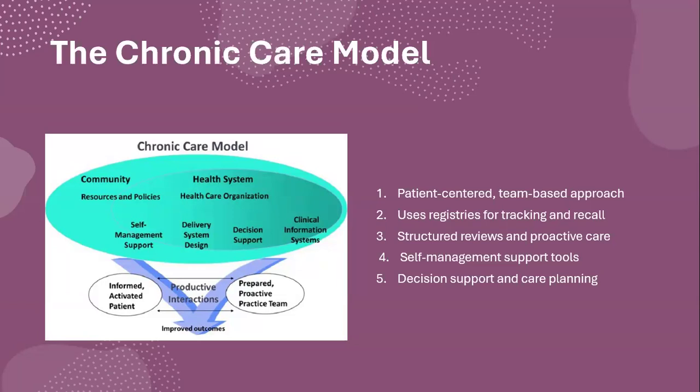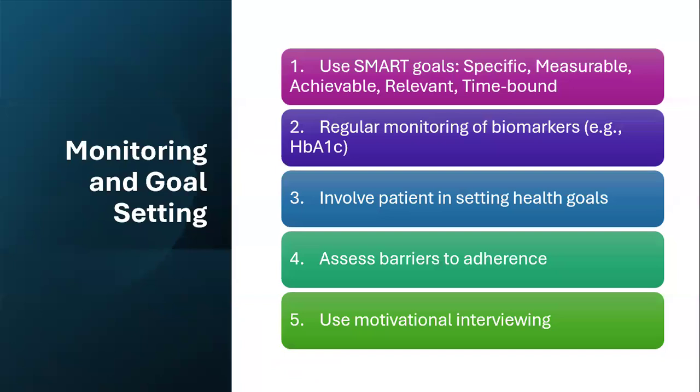So read about this chronic care model, which is very vital for you when it comes to deciding how to manage a chronic illness. And also in a chronic illness, monitoring and goal setting is very vital, because most of the time what happens is you give medications, but you don't give the right goal to the patient. Now, these goals should be SMART, that is specific, measurable, achievable, relevant, time bound.